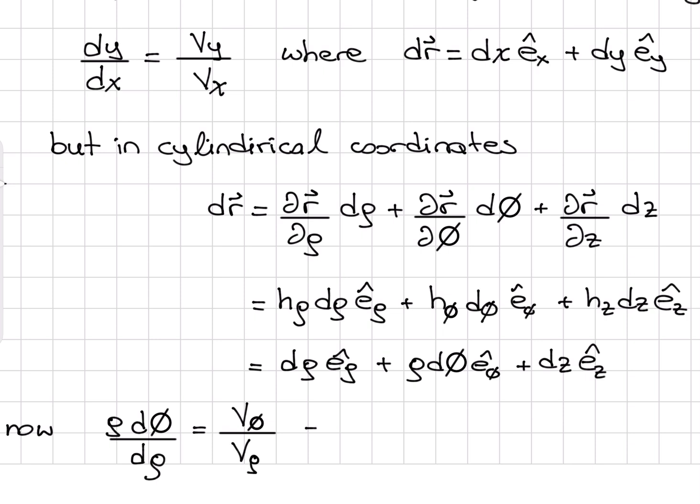So if I take the reciprocal of this, and also note that this rho will go with v rho, I can write this as d rho d phi is equal to rho v rho divided by v phi.